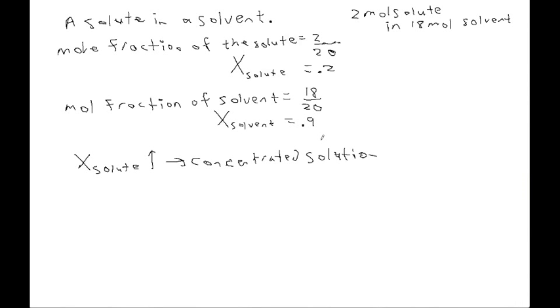Does that mean the solute is crowded or not crowded? It's crowded. Now, if X solute is high, what would that tell you about X solvent? Would the mole fraction of the solvent be high or low? It would be low. So if you have a very concentrated solution, X solvent is low. Notice that you don't want to confuse the mole fraction of the solute and the mole fraction of the solvent. They go in opposite directions.